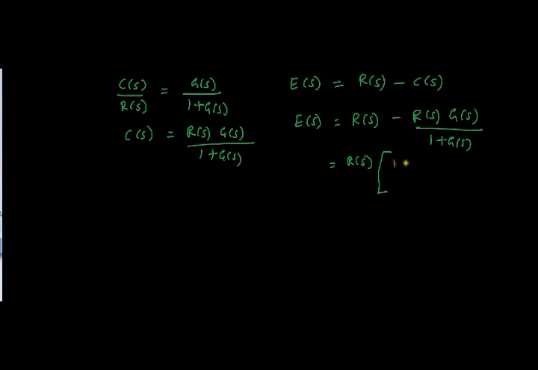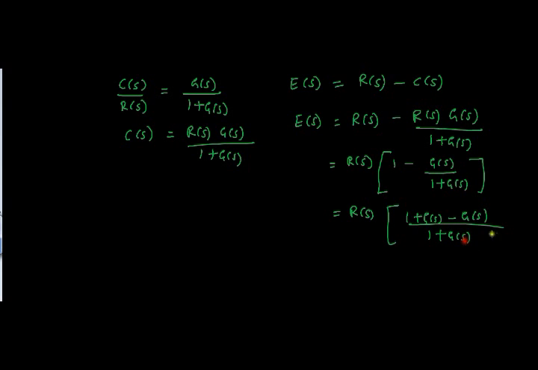This will become 1 minus G(s) upon 1 plus G(s). So 1 plus G(s) minus G(s) upon 1 plus G(s), and the G(s) terms cancel. We get E(s) equal to R(s) upon 1 plus G(s).